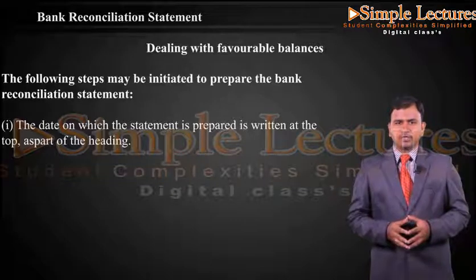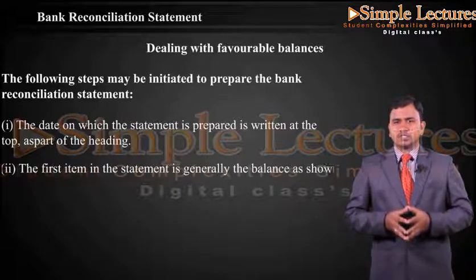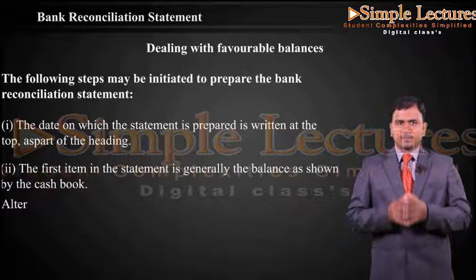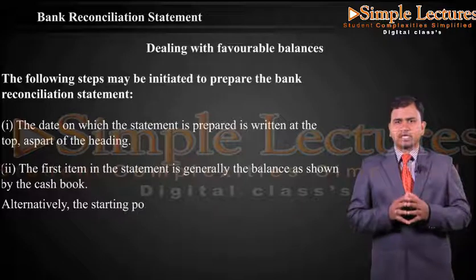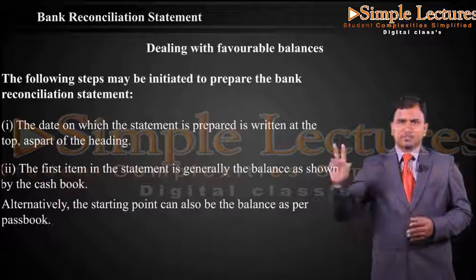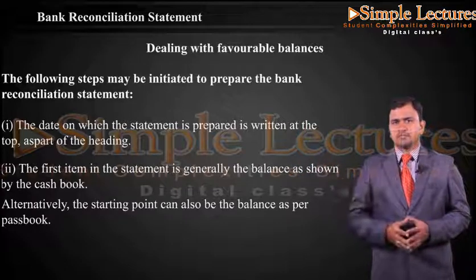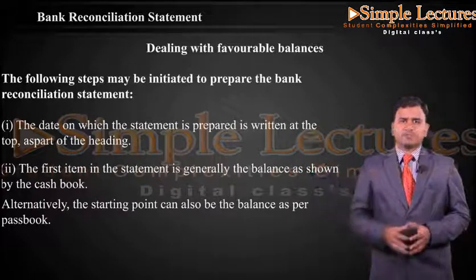Step 2: the first item in the statement is generally the balance as shown by the cash book, and alternatively the starting point can also be the balance as per the passbook. So both can be done here. The starting point can be the balance of the cash book first or the balance of the passbook first.